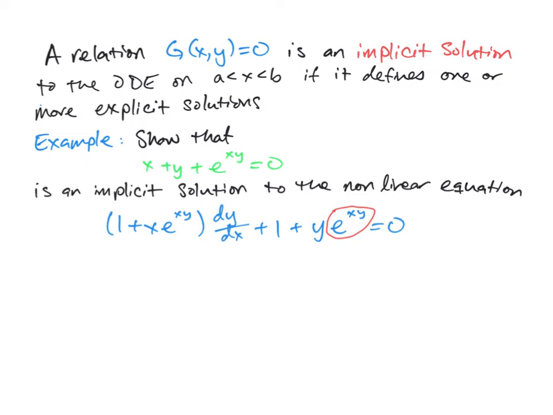So now the key thing here is that y is still our dependent variable and x is our independent variable. And you may have learned and possibly forgotten from calculus that you can use implicit differentiation to find the derivative of a function y that is defined implicitly, like we have here.